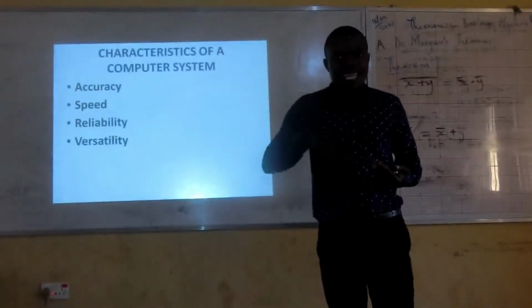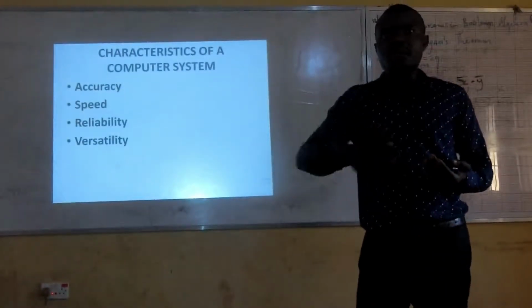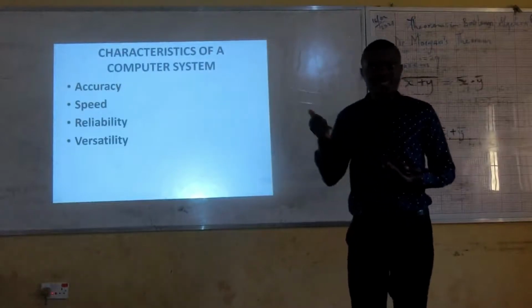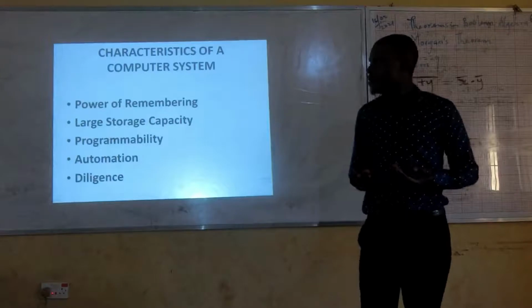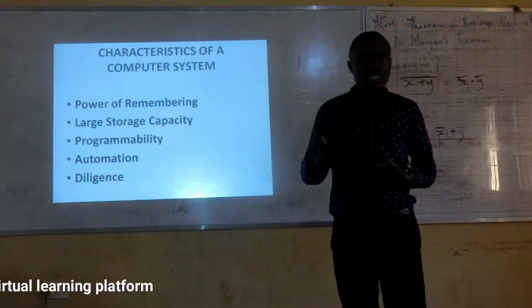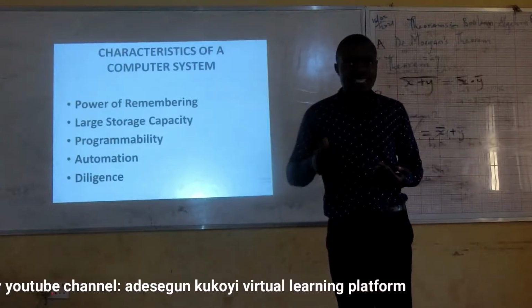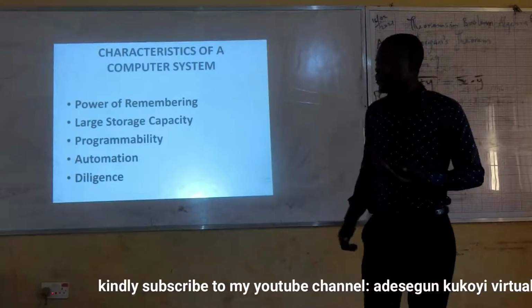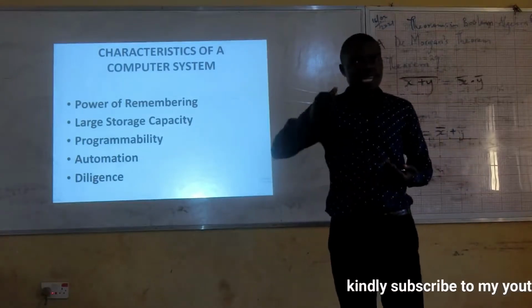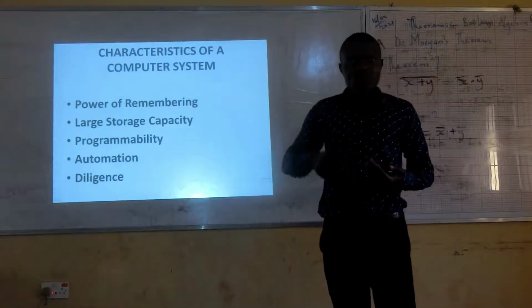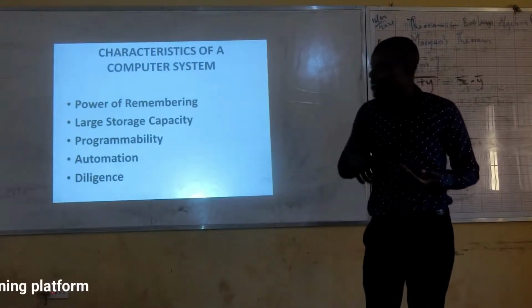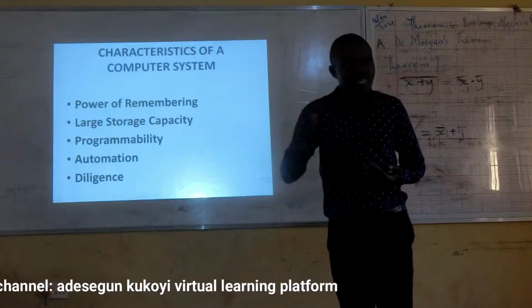Versatility. Computer is capable of doing many tasks. It can perform many tasks depending on what you want to do as users. Power of remembering. Computer can remember faster and more than human beings can do. Large storage capacity.